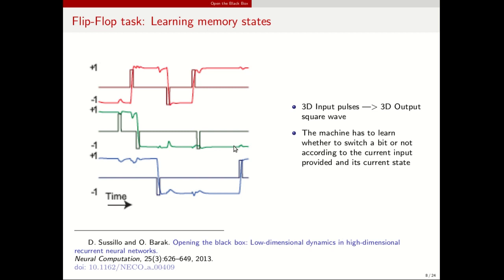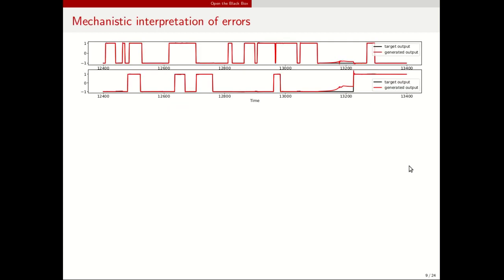And we trained a recurrent neural network in order to solve the flip-flop task with 2 bits. As you can see in this plot, the black trajectory is the target output and the red trajectory is the generated output of the network, and we can barely see the target output, which means that this neural network has learned quite well to solve the task.